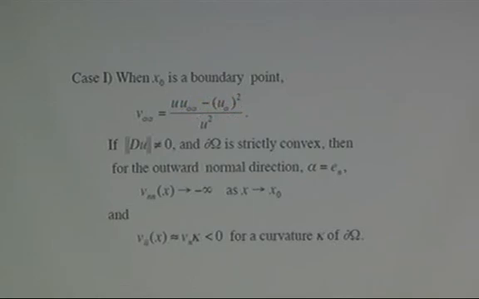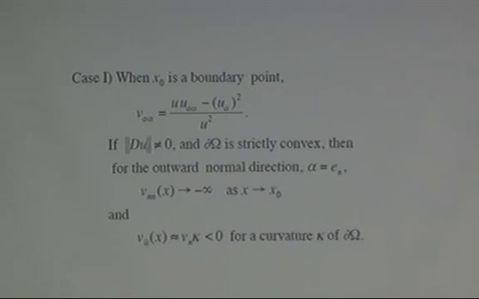So now, let's say your direction is a tangential direction. Then the tangential first differential will be 0. And what about the second differential? The second differential of u is like the first differential of u times the curvature of the boundary. And the first differential in the normal direction of u is negative, because you have a positive value and you are approaching the 0 value.